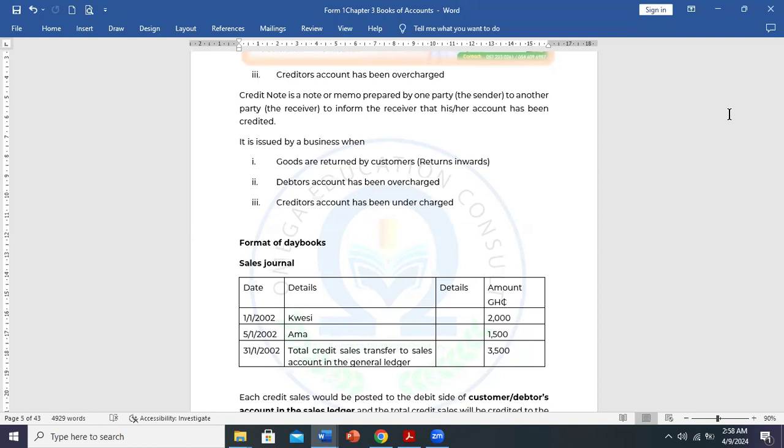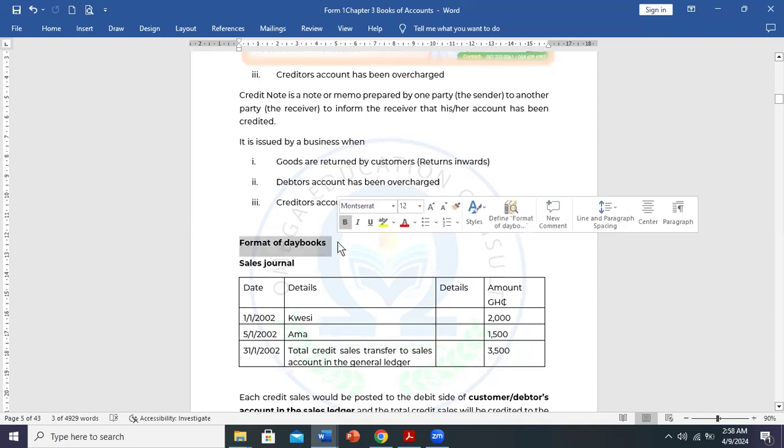So my dear ladies and gentlemen, we need to now look at the format of these books and how to prepare them. So the format of the day books.